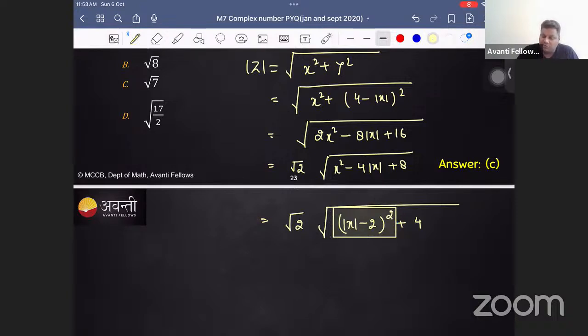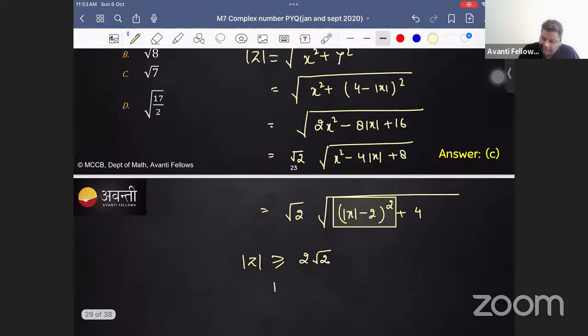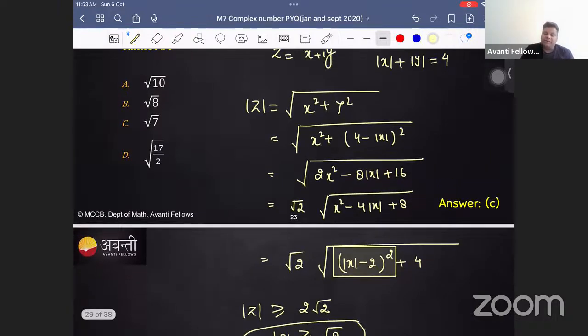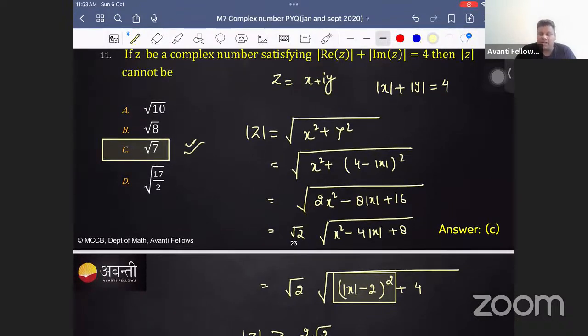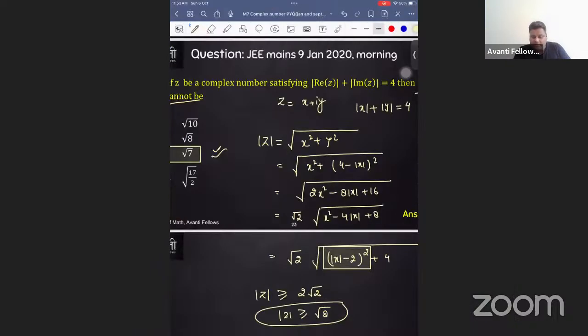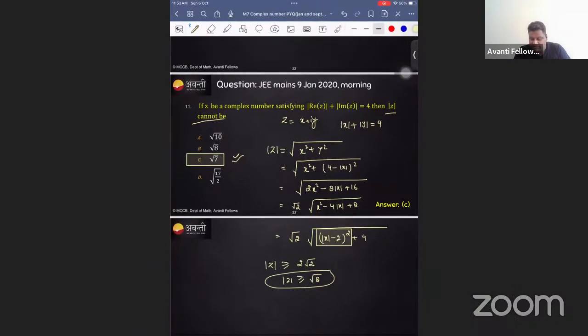This (mod x minus 2) whole square is always greater than or equal to 0. That means magnitude of z is always more than or equal to 2 under root 2. Or I can say that this mod z is always more than or equal to under root of 8. So if it is more than or equal to under root 8, it can never be under root of 7. Rest everything is fine. So this is your answer because they're asking magnitude of z cannot be. So if it is cannot be, answer will be root 7 in this case.